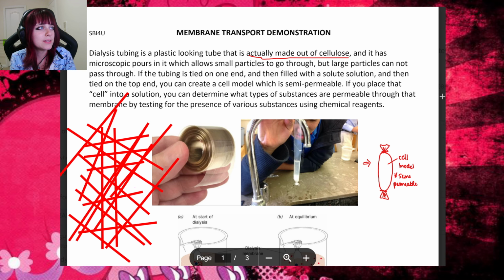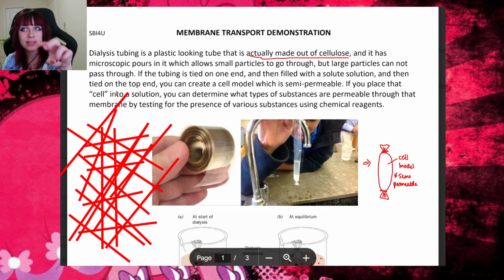What does this mean? So, we basically have this tube. We're going to tie it on one end, right here, see? A little tie. And then we are going to fill it with a solute. We're going to fill it with something. And then we tie it at the top end. And this is a semi-permeable membrane, as we just said. Cellulose is semi-permeable.